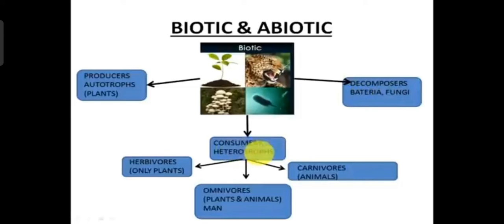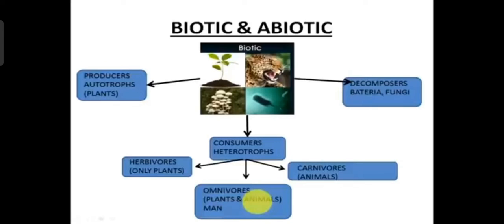The consumers can also be further divided into three categories, that is herbivorous, omnivorous and carnivorous. As the word itself suggests, herbivorous means those consumers which consume only plants. They will not eat animals. Omnivorous are those consumers which can eat plants as well as animals.